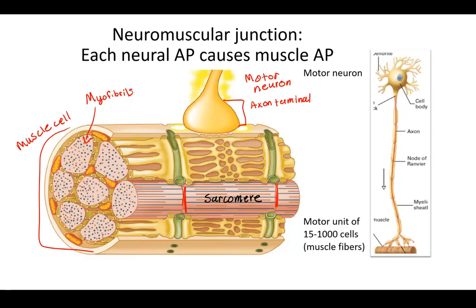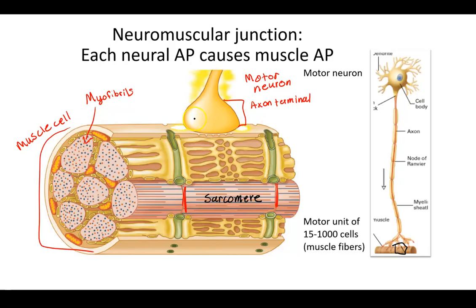Over here on the right, we see basically the same thing, but we have the motor neuron synapsing on the muscle cell, but the motor neuron is shown kind of as a whole. So the picture on the left is a really zoomed in portion to just this bottom part here, where the axon terminal connects to the muscle cell.